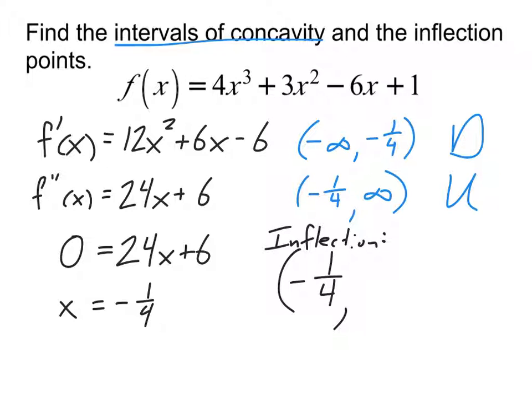As in, I'm plugging it into f of x. I'm not plugging it into the derivative, not into the second derivative. It's going into the original function because I want just a y value, just a coordinate. So let's plug that in here. I want to know what is f of -1/4.